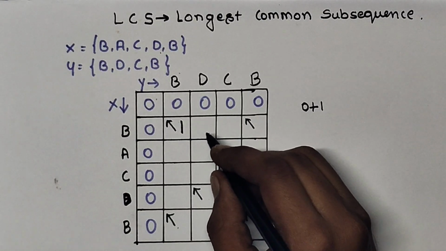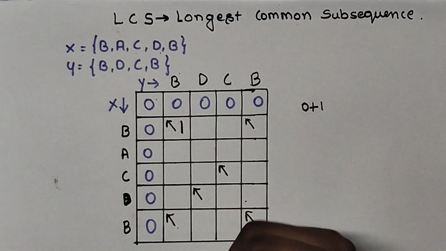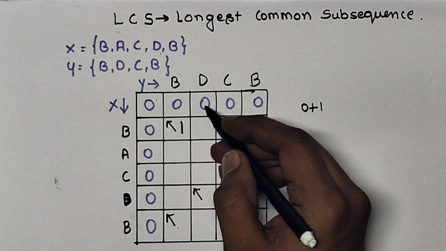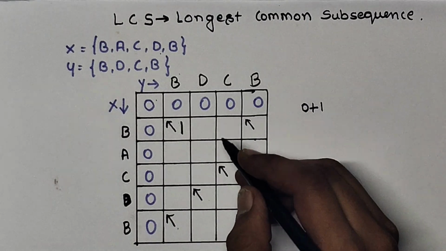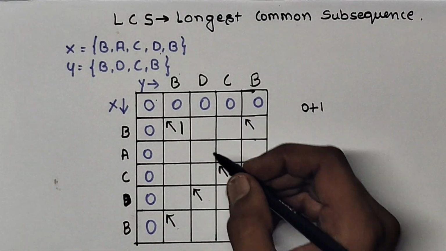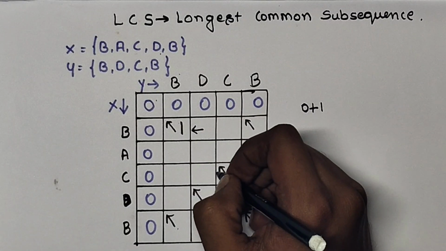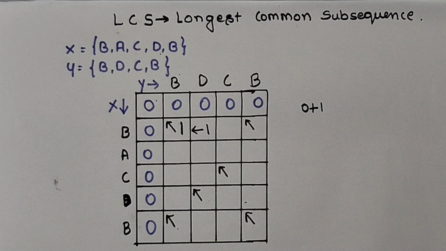I want to write the arrow and fill the value also. I will compare the left side and the upside element. Left side element is 1 and upside element is 0. Among 1 and 0, which one is the maximum? 1 is the maximum. So I will show the arrow towards the maximum element and copy the maximum element, that is 1.